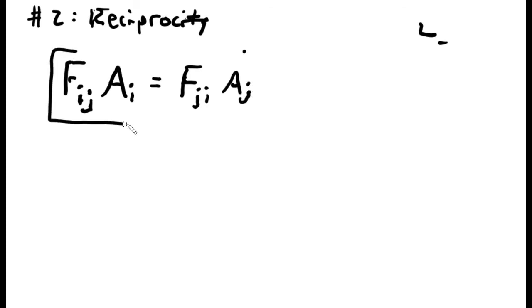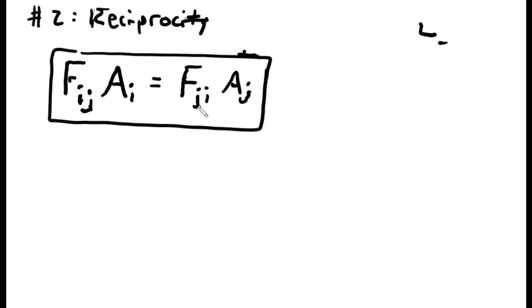So you see, all we've done is switch the letters on our view factor. So this is now j to i and multiplied by Aj.